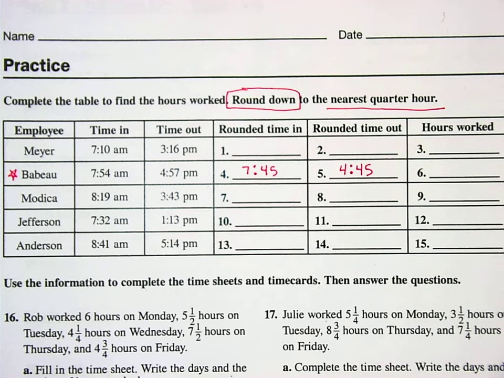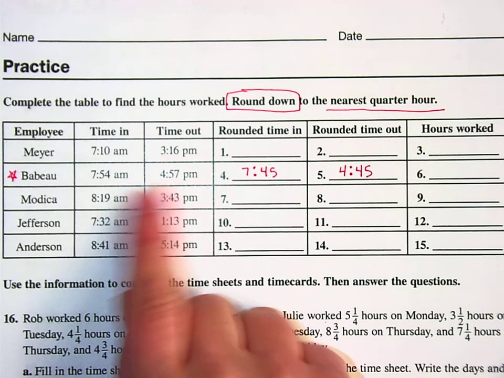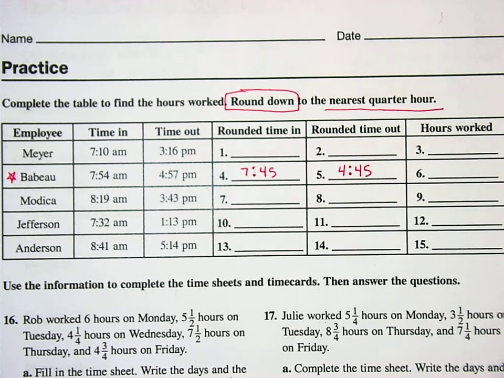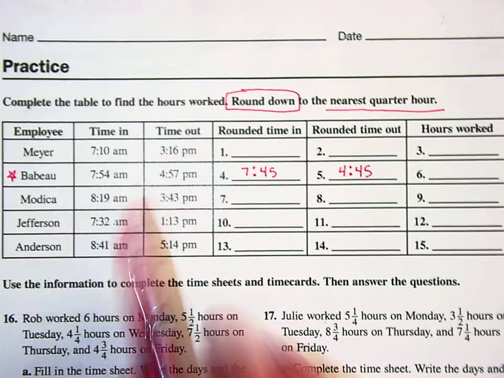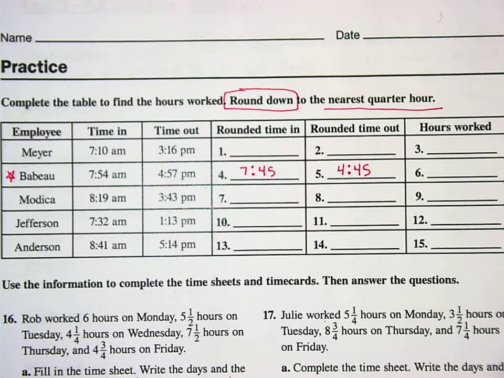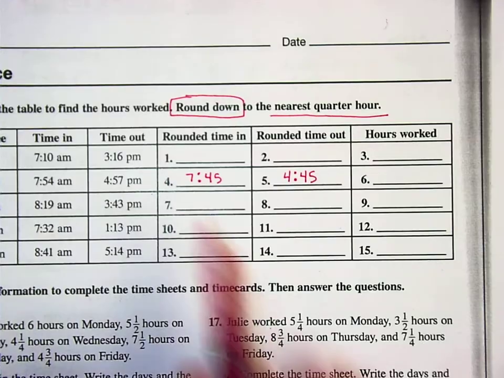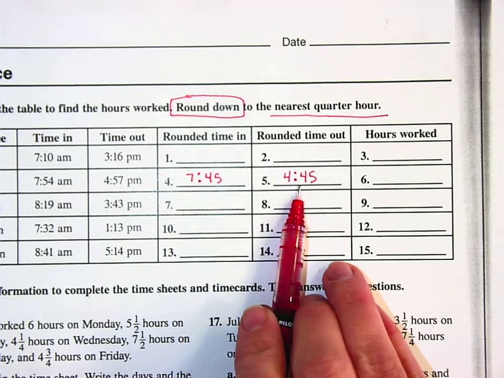Some round up, but usually it's one or the other so that one side kind of makes up for the other. But also, a lot of companies now just do the exact times, like down to the minute is what you're paid by.